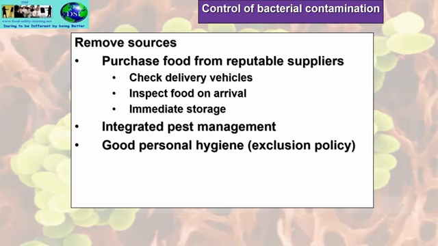Good personal hygiene and exclusion policy for people that have been sick or been abroad to various countries where food poisoning is rife, for example. And a visitors policy. In other words, visitors do not go into the working area in the kitchen unless they're attired in a food handler's uniform or disposable aprons, and that they're aware of the food hygiene policies.